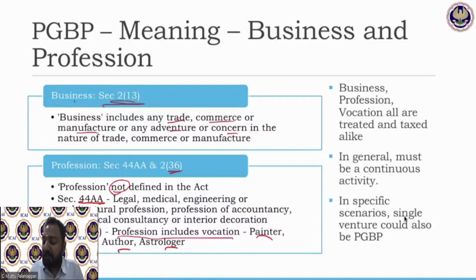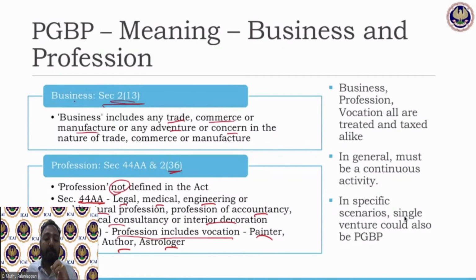Typically, the first one is legal, then medical, engineering, architectural profession, profession of accountancy, technical consultancy, and interior decorator. All these are listed as profession, which means profession is not defined, but there is a list of activities which are mentioned as profession.